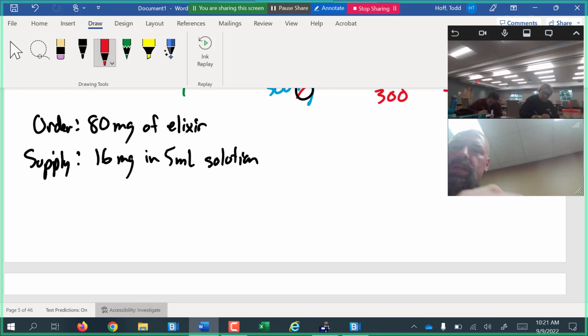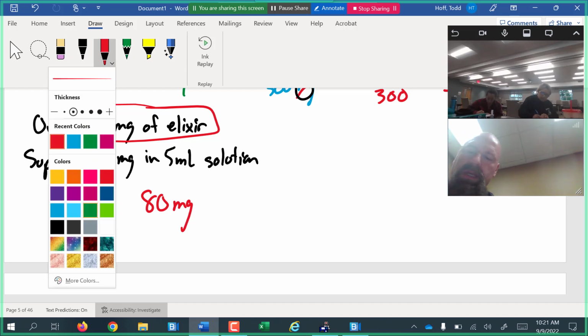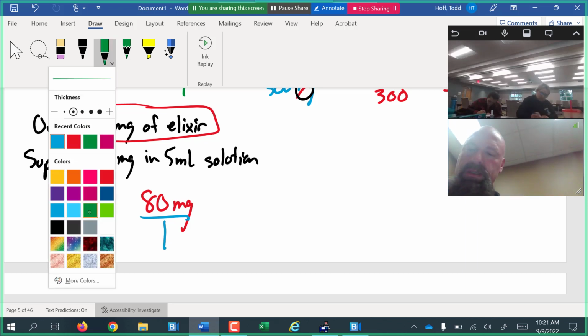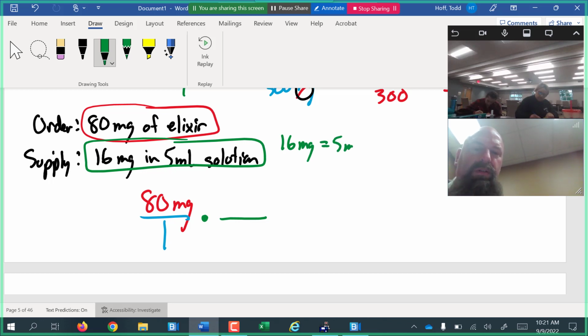So once again, we start with the doctor's order, 80 milligrams. And in order to work with it, we turn it into a fraction by putting it over 1. In our equivalency here, again, this comes from the label. 16 milligrams in 5 milliliters is telling us that 16 milligrams is equal to 5 milliliters of solution.